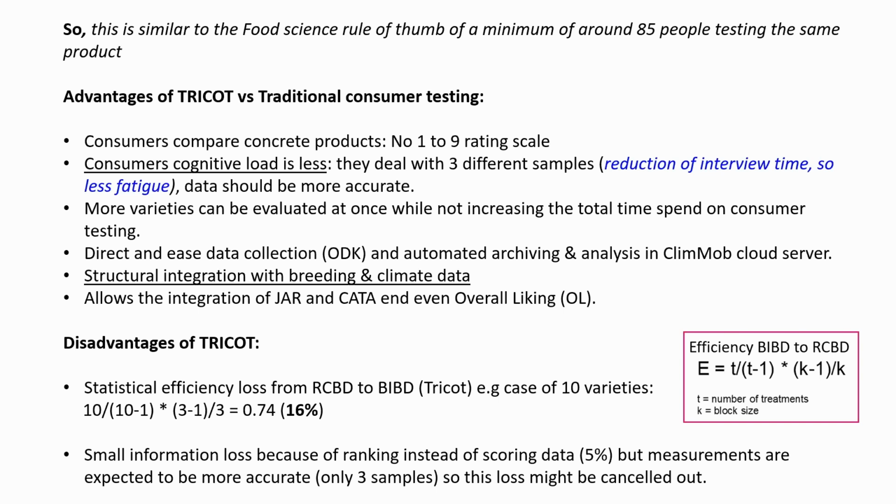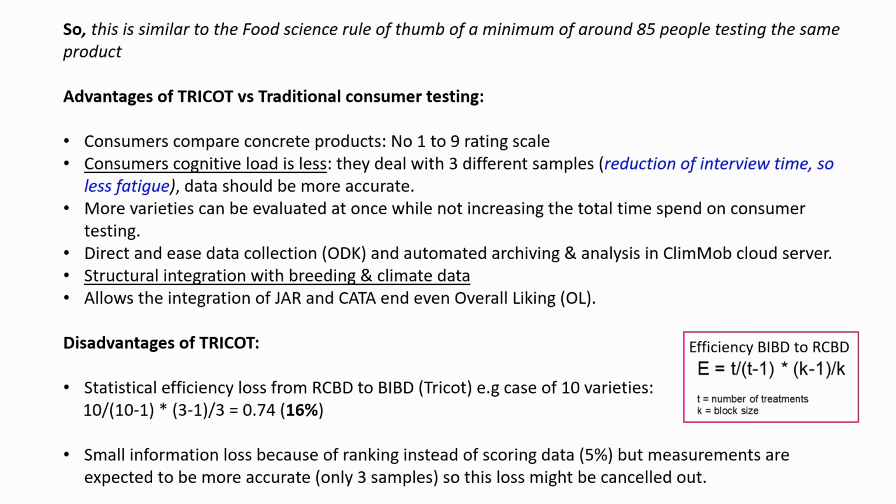What are the disadvantages? There's a statistical efficiency loss between a complete randomized block design and an incomplete block, and there's a formula there, and if you calculate that, you lose about 16% of efficiency.